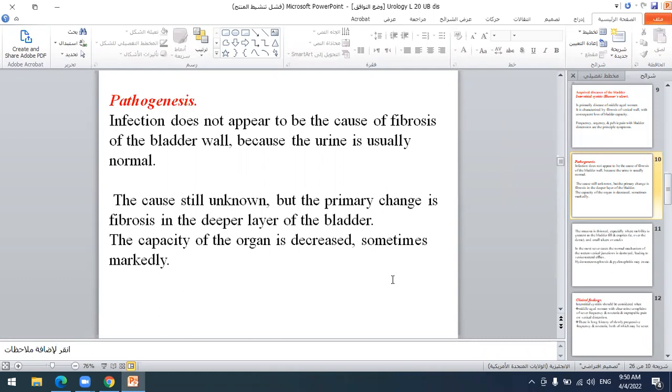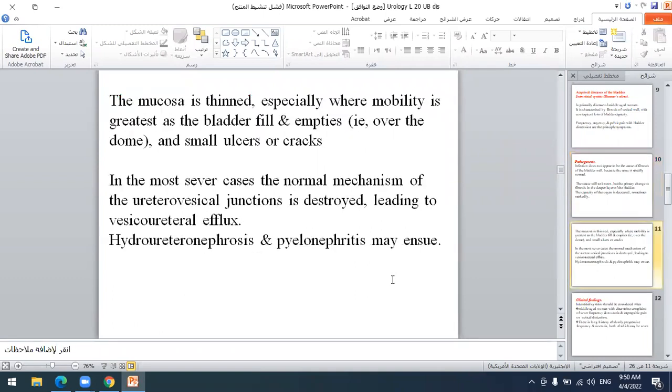The capacity of the organ is decreased, sometimes markedly. The mucosa is thinned, especially where mobility is greatest as the bladder fills and empties. Over the dome, small ulcers or cracks may appear.